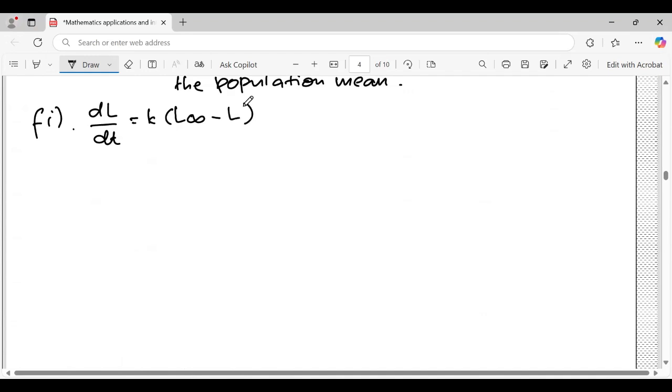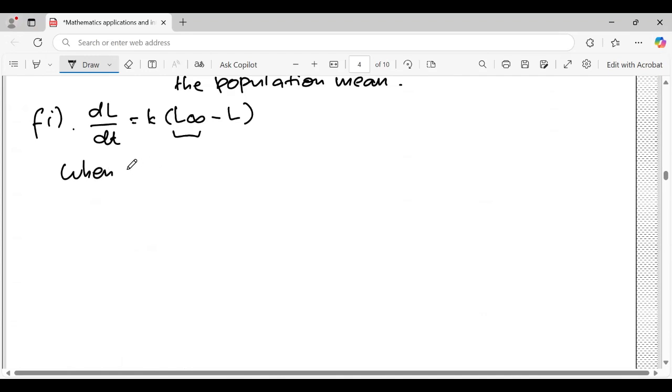This is a classic first order differential equation, and we use this in biology to model how organisms grow over time. L infinity is the maximum possible length.